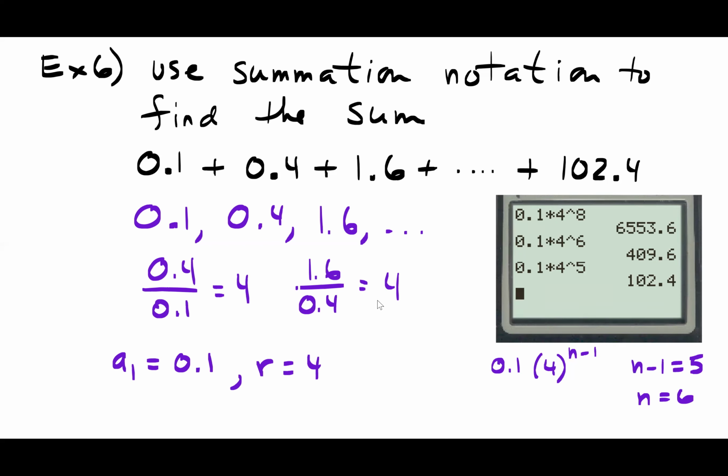That's what I need, because I need it for my formula. So a sub 6 is equal to 102.4. So let's put it in terms of sum notation, and we'll be done. Here it is. Sum notation is, we have an I value starting at 1 and going up to, what do you guys say? 6.